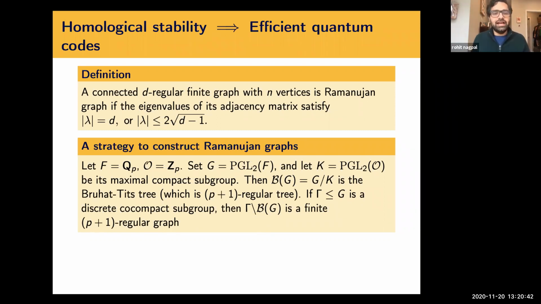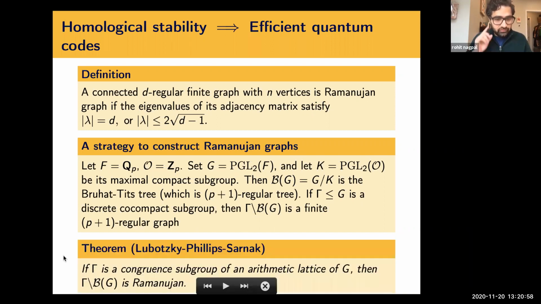This is a really nice way to construct finite regular graphs, but we also need to verify the spectral condition, which may not be true for arbitrary things. Here is a result of Lubotzky, Phillips, and Sarnak, which says that if gamma is a congruence subgroup of an arithmetic lattice of G, then this quotient is Ramanujan. This was a pretty famous result, and it has a lot of applications.